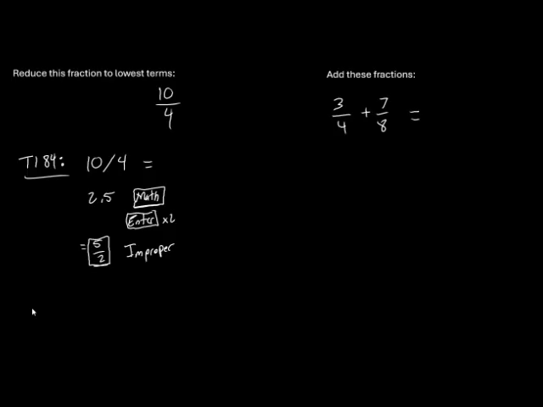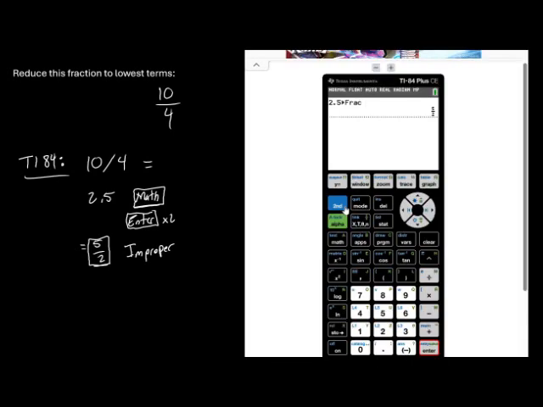Changing this into a mixed number will require us to explore the menus a little bit. Let's open the calculator back up again. In order to change to mixed, we'll have to say math again. Now we'll need to go to the number section, which is to the right side. So we'll press the right arrow key to highlight NUM for number. Now we'll scroll down on the list by using the down arrow key.